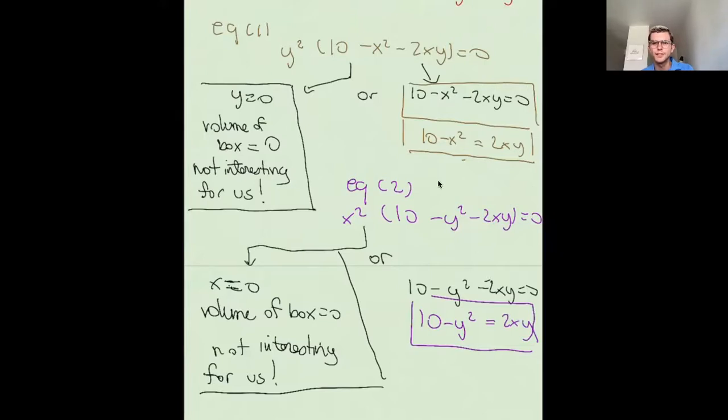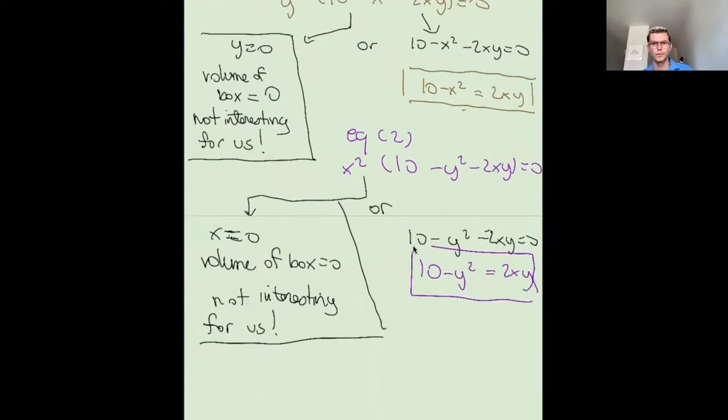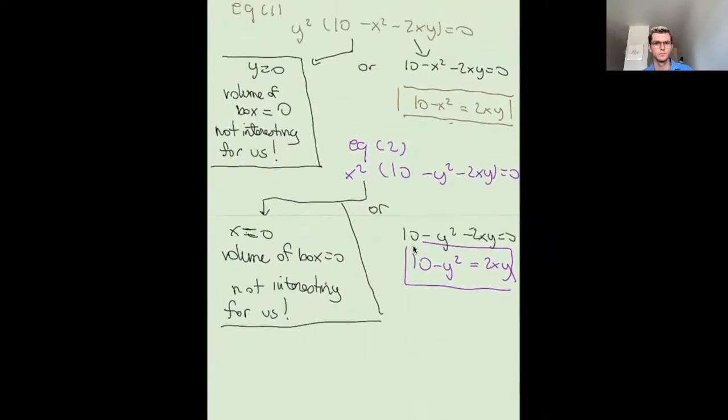I don't know if you see what's about to happen, if you compare the two equations that I have put in boxes. What can you say now from both equations? Right, good. You see, you have on the right hand side 2xy, right?